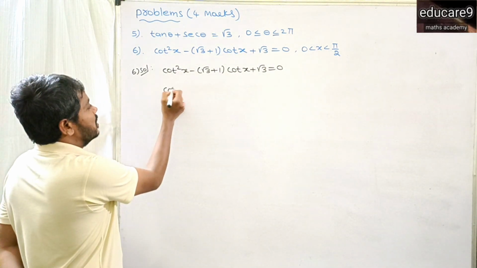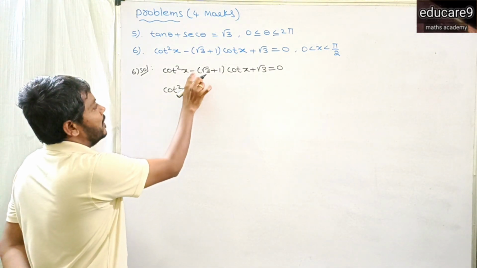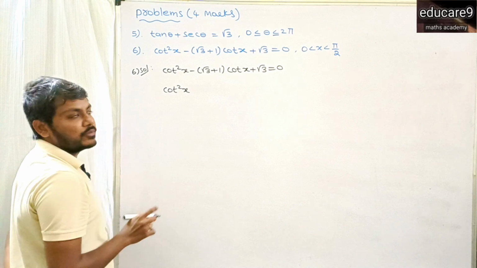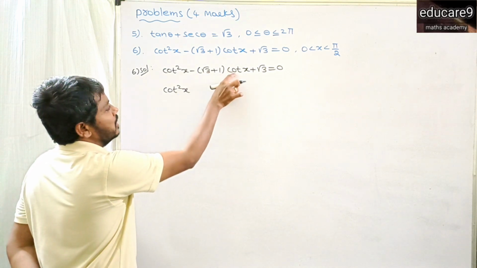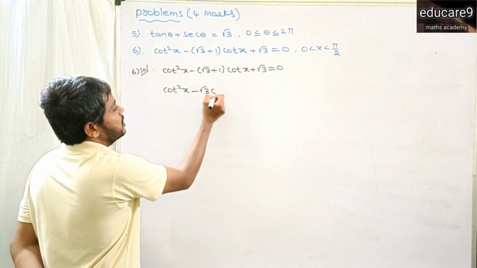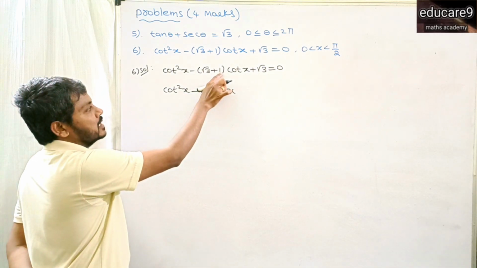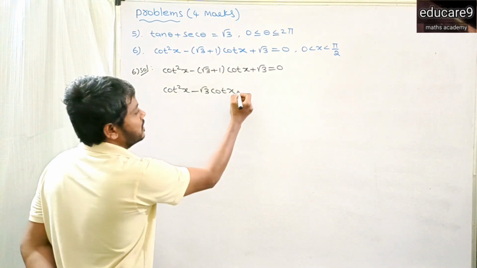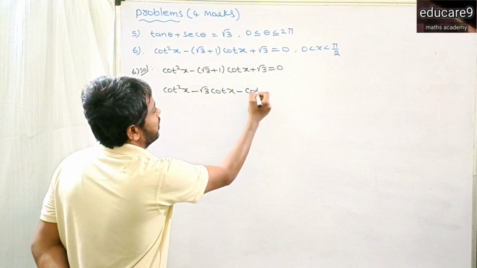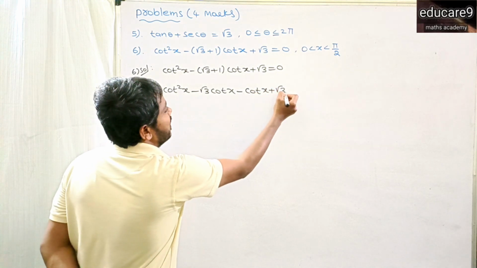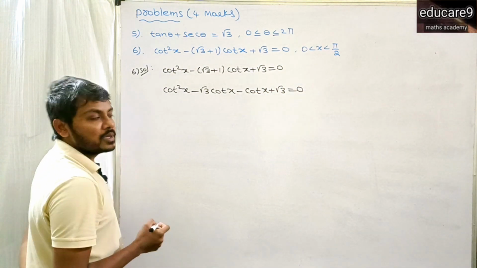Which is cot square x multiplying cot x inside the bracket, minus root 3 cot x, minus into plus, minus 1 into cot x. It is minus cot x plus root 3 equals 0.